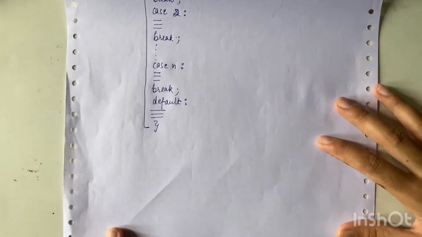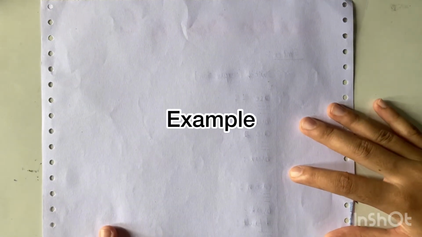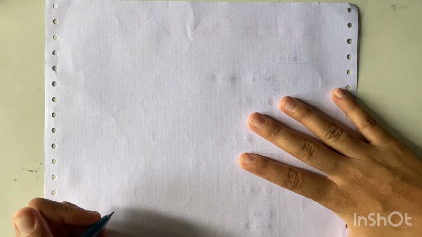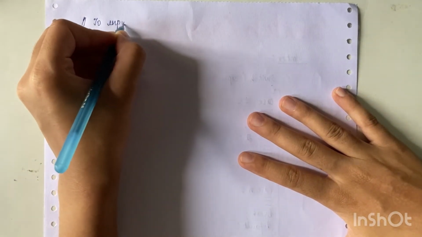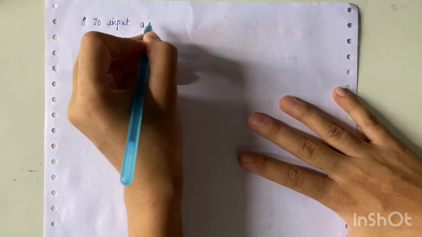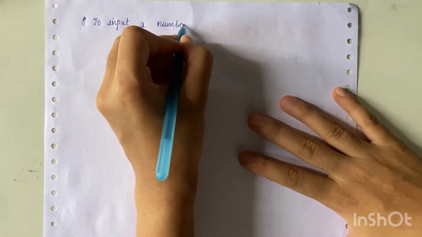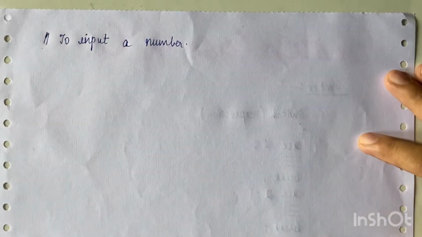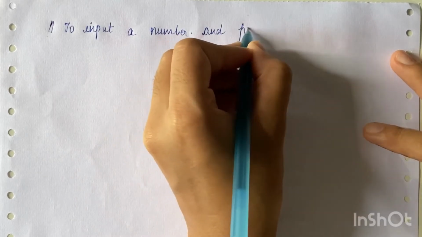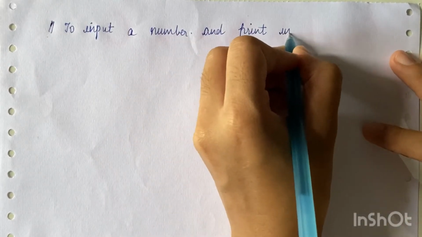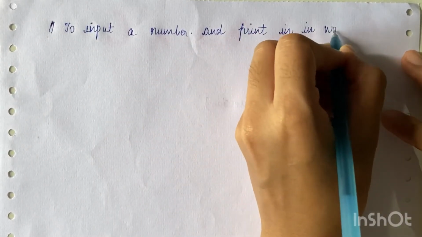So let us take an example in C for switch case where we will input a number. The code is to input a number and print it in words.